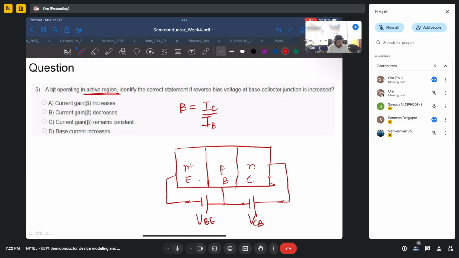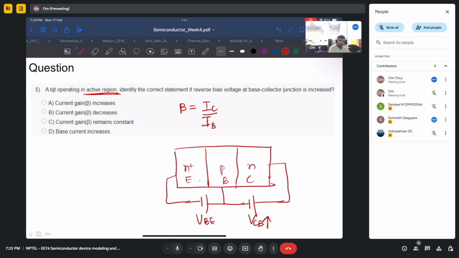Now you have to tell, when we increase VCB, will this beta increase or decrease? Sir, when VCB increases, beta increases. Why? Because, sir, VCB means IC into RC.